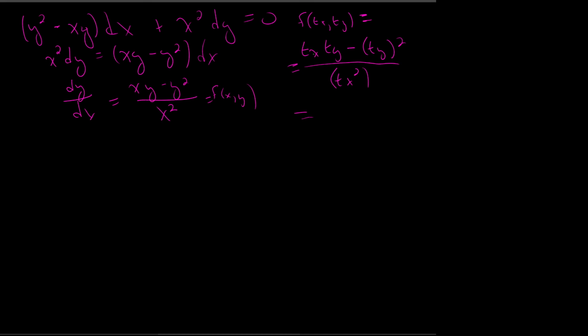Now I can pull out a t squared here, and I can definitely pull out a t squared there, so I'll get t squared (xy minus y squared) over t squared x squared, they cancel, and I'm left with what I started with. So this is homogeneous. And so I can make the substitution, and so we'll begin with substitution.